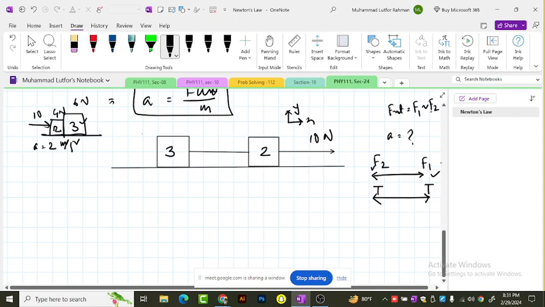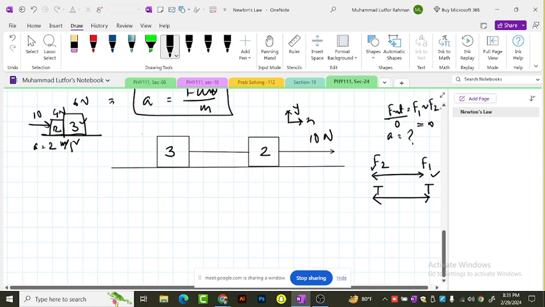I do not know which one is higher, so that's why I write F1 tilde F2. It means that if F1 is greater, I'll write F1 minus F2. If F2 is greater, I'll write F2 minus F1. That's called the tilde sign. Then you will find some net force, and net force divided by 0, that acceleration is going to be meaningless, infinite, undefined actually.